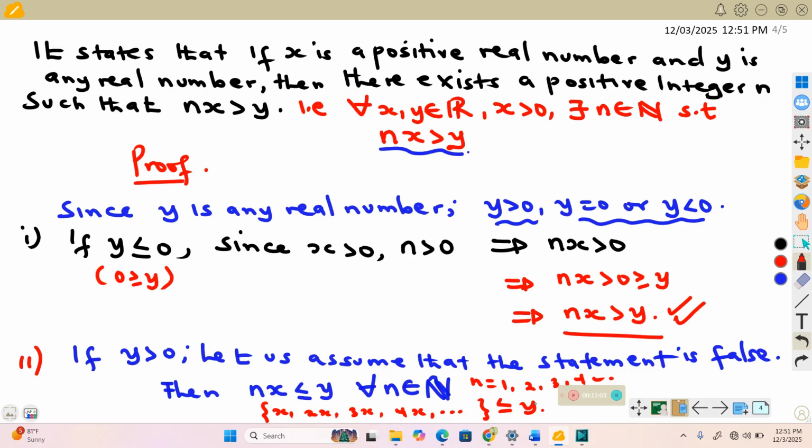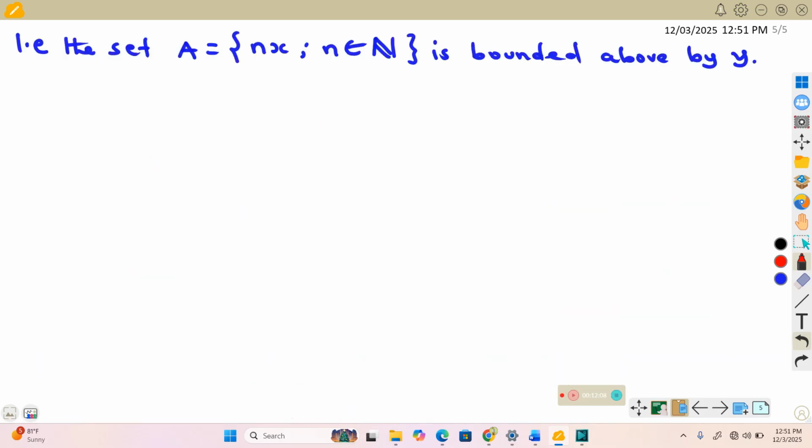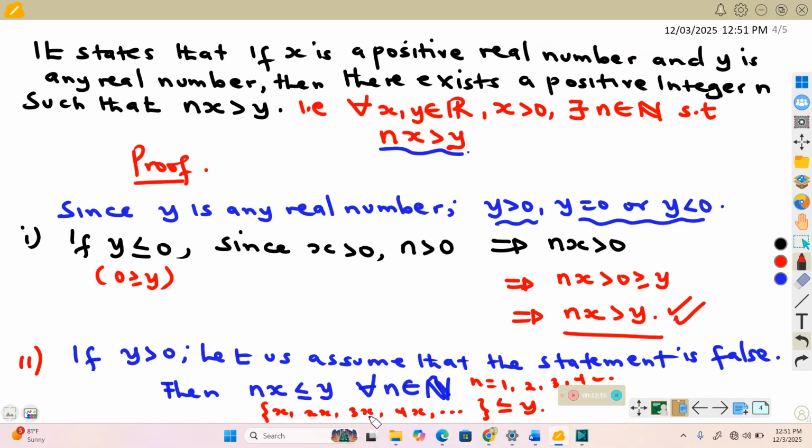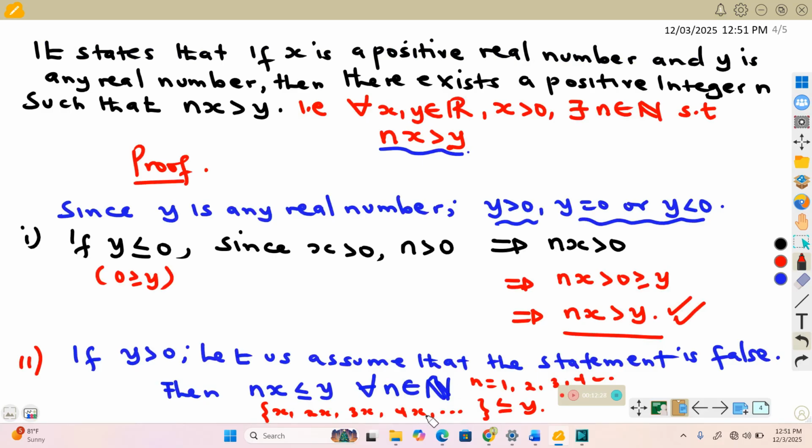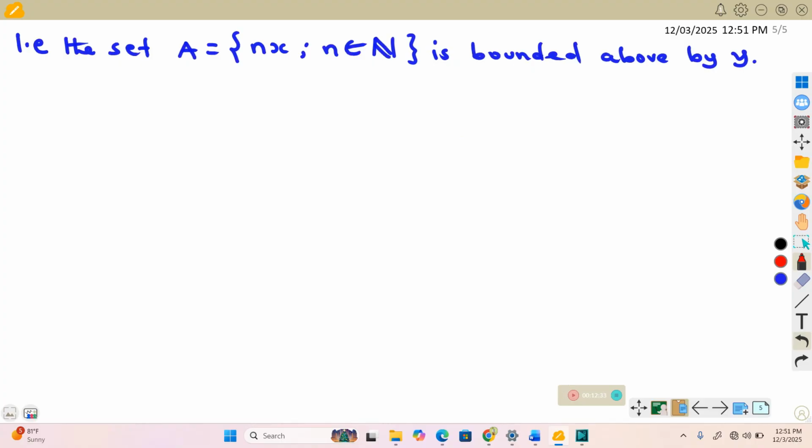That's why, if we let this set consisting of x, 2x, 3x, 4x to be A, this set will be bounded above, because the elements of this set don't exceed y. So they are bounded above by y.